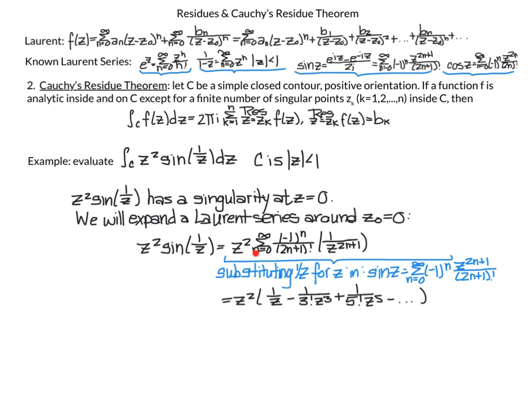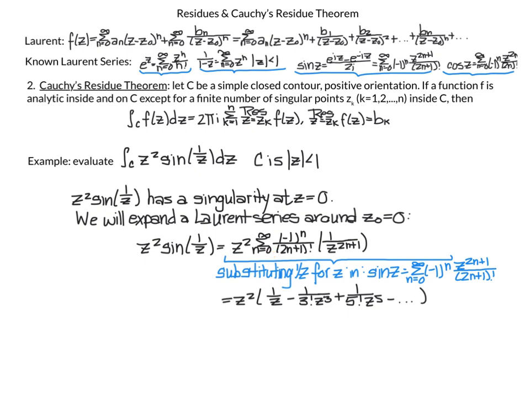Remember, I'm looking for the residue, that's b1, for my Laurent series. Plugging in n equals 0, this becomes 1 over 1, and then we have 1 over z raised to the 1, so that's 1 over z. Plugging n equals 1, we have minus 1 over 3 factorial, and we have 1 over z cubed.